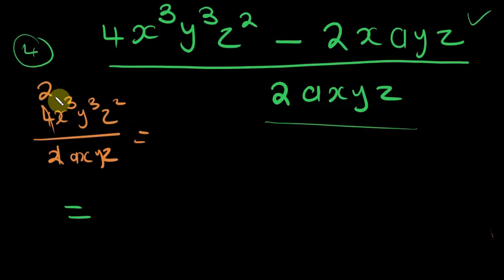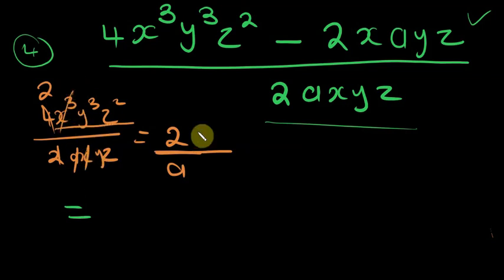That is 2 times, so I'll write the 2 there. How many times does a go into there? Well, there's no a there, so a will remain as a denominator. We have x, we have another x there, so we'll say x cubed minus 1.